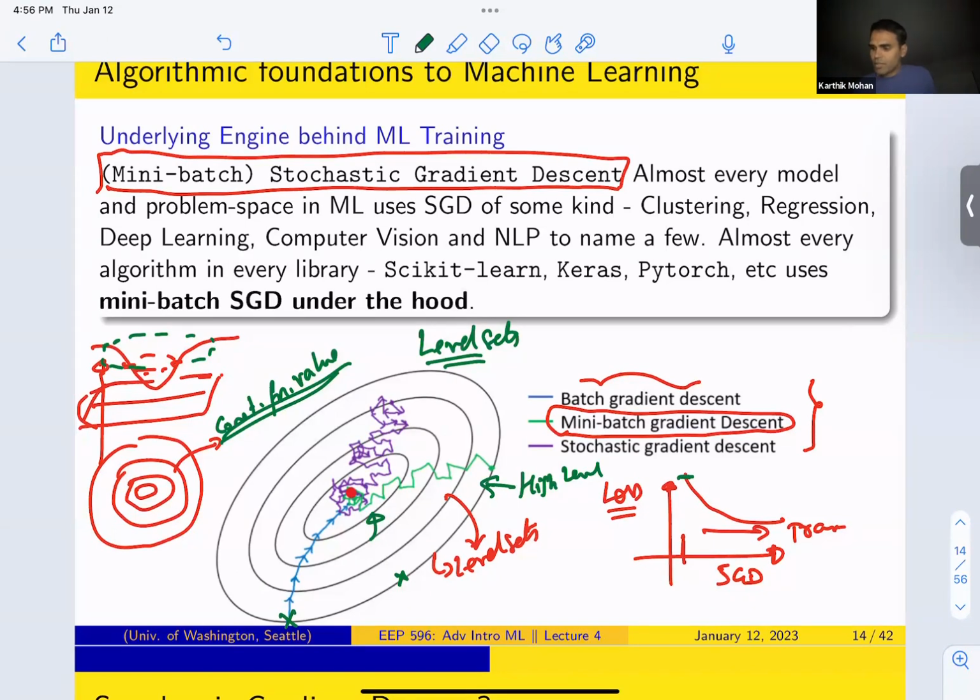You're going down this way, decreasing the loss. With batch gradient descent, it's straightforward. You almost monotonically decrease the loss, going down, going down. But if you look at SGD, which is this purple curve, it can actually go down and then again go up. So once this is going up, this is going down.